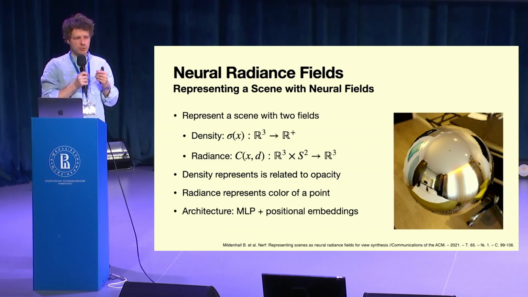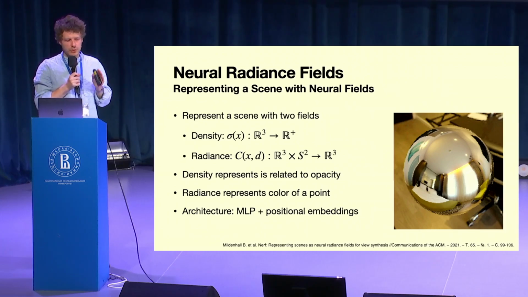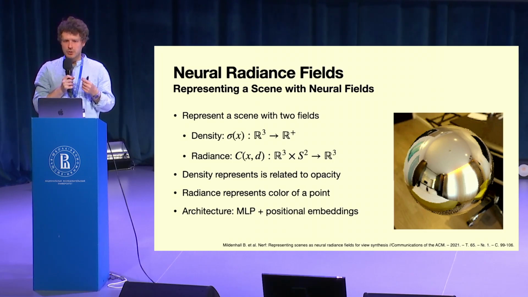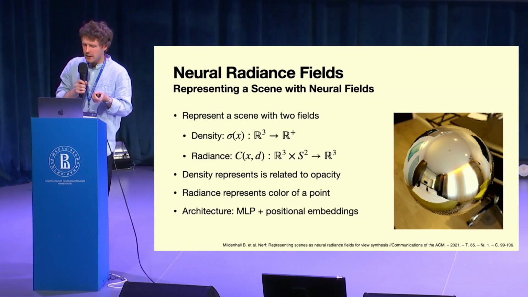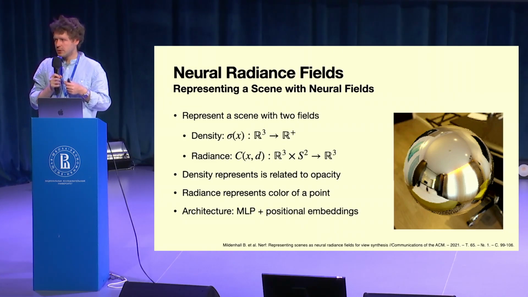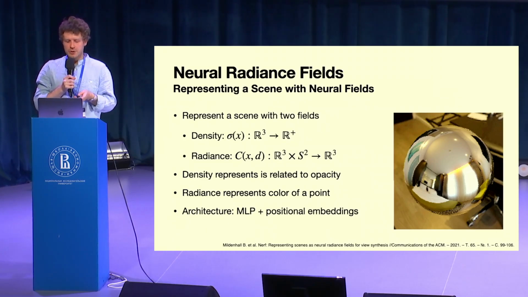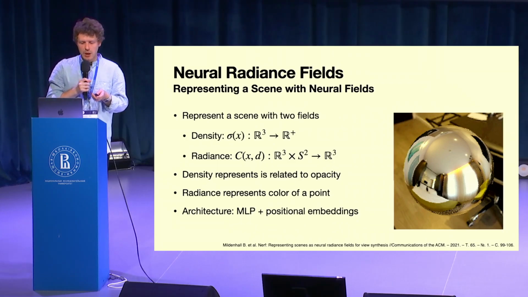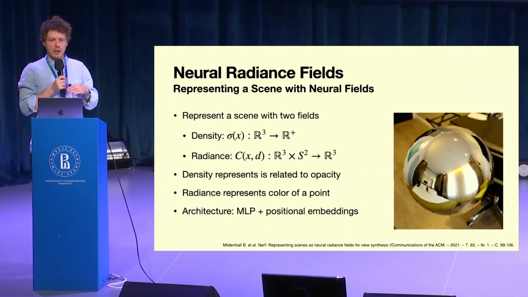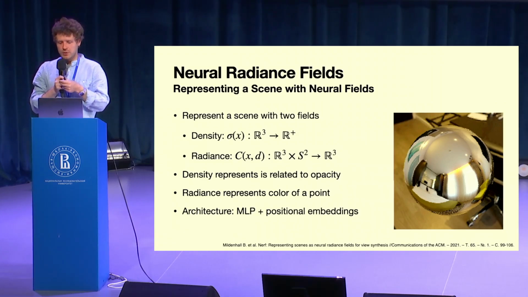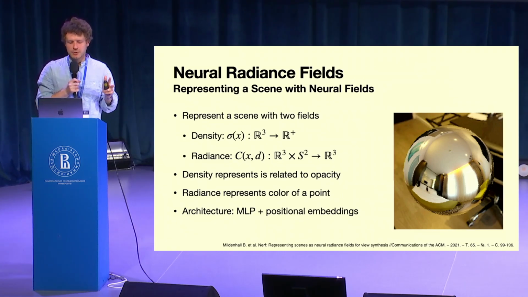And in order to draw convincing images from new viewpoints, I'll also have to find out the color of the point that I'm looking at. So in addition to defining a density function, I will also define a function which I will call the radiance function, which will also be a low-dimensional field that takes a three-dimensional point and a point on a sphere and outputs a three-dimensional vector, which tells me the color of the point.